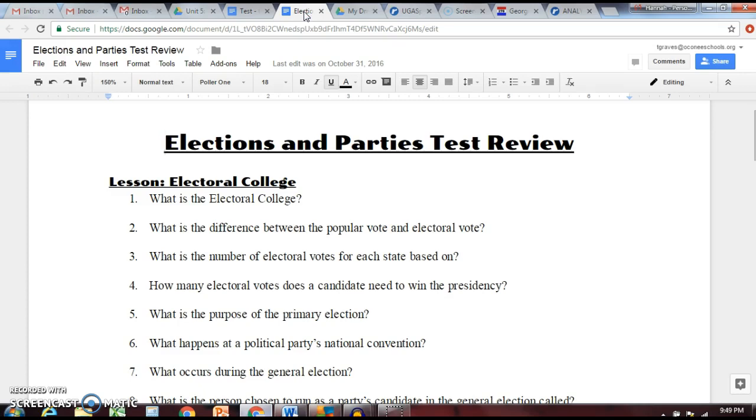So for number 4, how many electoral votes does a candidate need to win the presidency? You need 270 electoral votes. So the first candidate to get to 270 electoral votes in the election, that's who wins the presidency. And the way this basically works is, this is why the popular vote does matter. In each state, whoever wins the popular vote gets that state's electoral votes. In this past election we had Donald Trump versus Hillary Clinton. In Georgia, Donald Trump won the popular vote. Georgia's a red state, a Republican state.